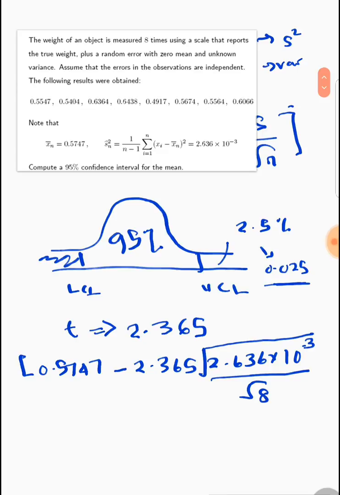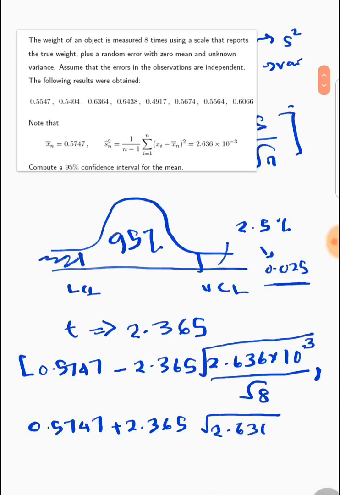This is for the lower limit, and for the upper limit I'll just repeat the whole step. I'll put a comma here, and have plus 2.365 multiplied by the square root of my variance, which is 2.636 times 10 to the power of negative 3, over square root of 8.